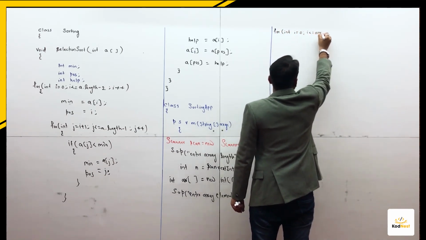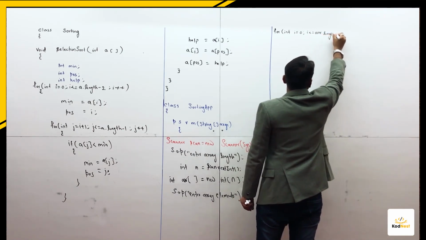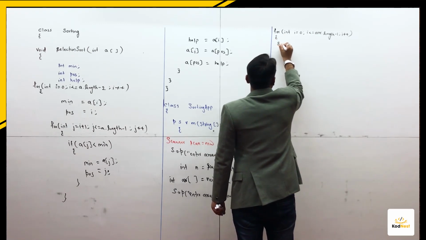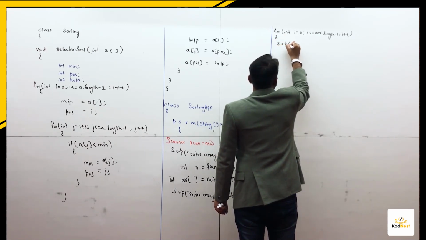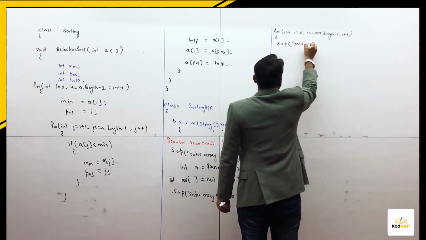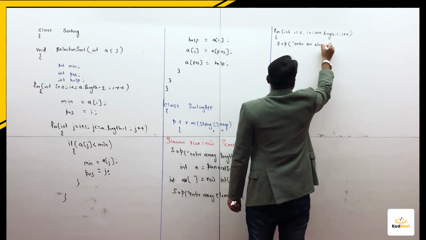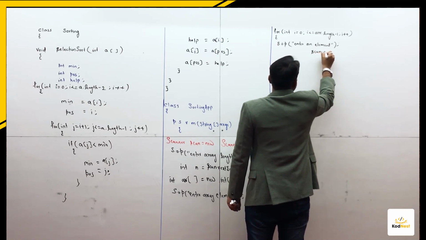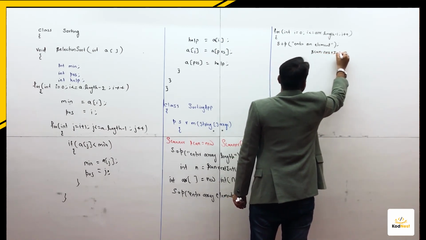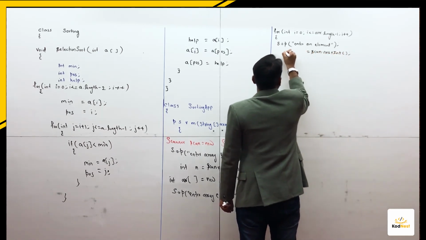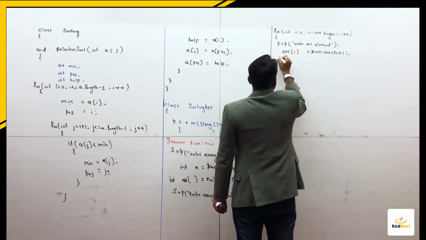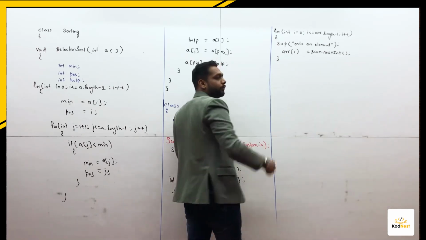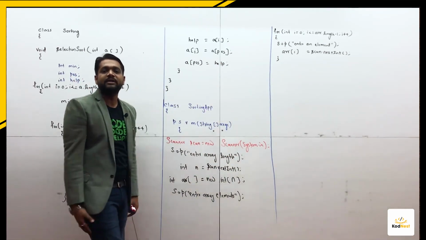Go until array.length minus 1, i plus plus. Every time, tell System.out.println, what to print, enter an element. By seeing this message, the user will enter an element. I will collect it by telling scan.nextInt and I would store it in array arr at the ith index. By the end of this loop, the complete array would be filled with elements.